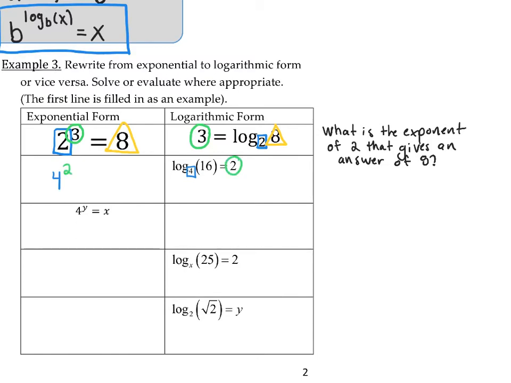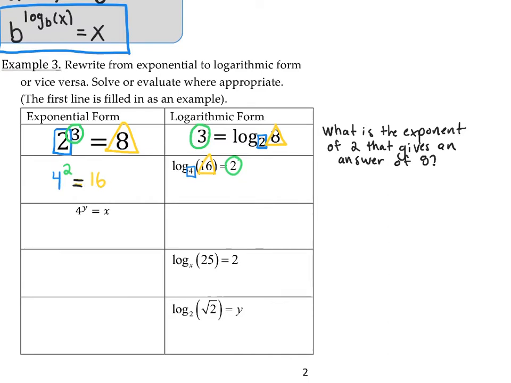So that's going to go over here as the exponent. And then the answer is what is on the inside. So 4 squared equals 16 is the translation. The way that I look at logarithms is the base raised to the number on the other side of the equal sign equals what's inside the logarithm. So 4 squared equals 16.